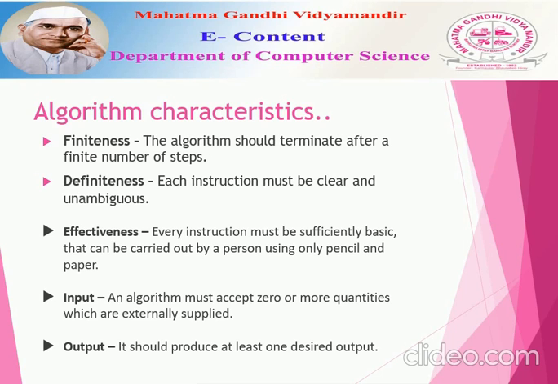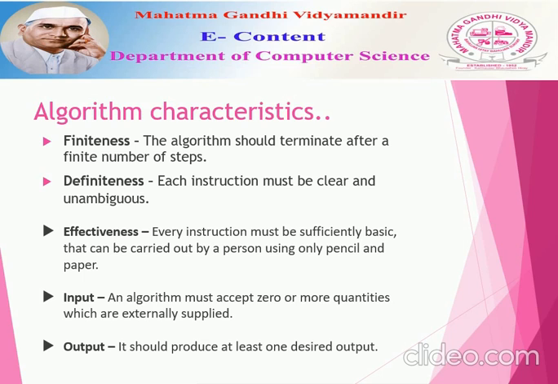So there are some characteristics that we are going to see for the algorithm. First is finiteness, which means the number of steps should be finite. The algorithm should terminate after a finite number of steps. Then definiteness. Each instruction that we are writing should be clear and unambiguous.